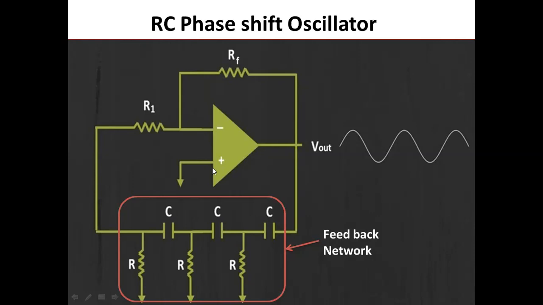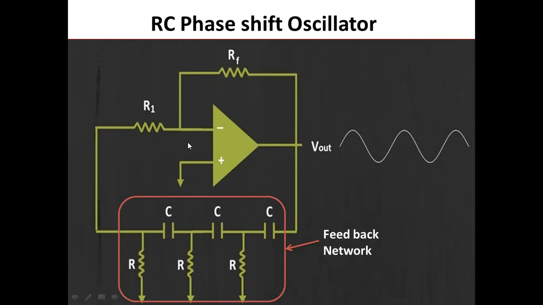Therefore, we require an additional phase shift of 180 degrees. Op-amp produces a phase shift of 180 degrees between input and output. Therefore, we can say the output of the op-amp is the phase inverted, or 180 degree phase shifted, version of the input signal, that means the feedback signal.